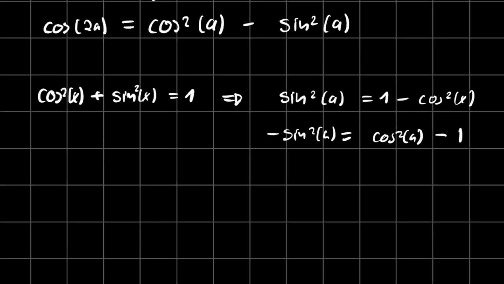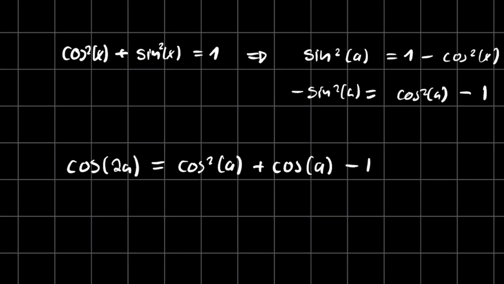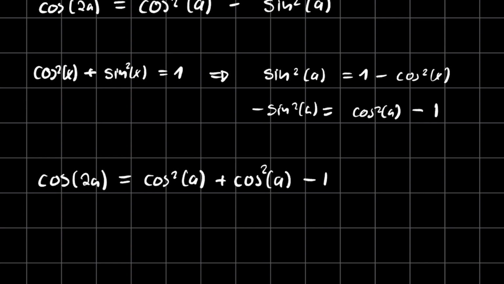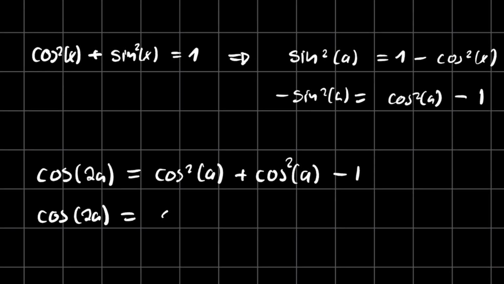So we get cosine of 2A equals cosine squared of A plus cosine squared of A minus 1. We can keep going: cosine of 2A is equal to 2 cosine squared of A minus 1.